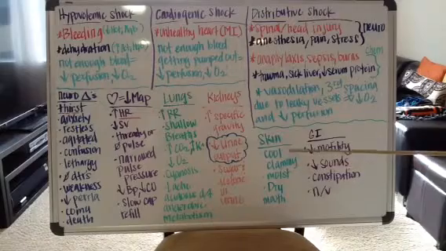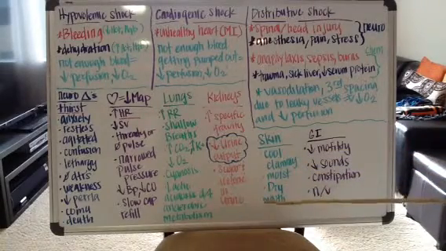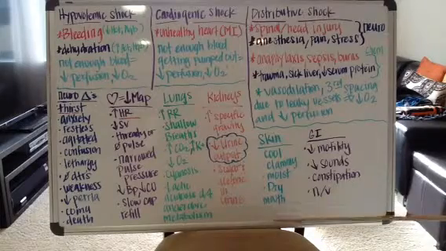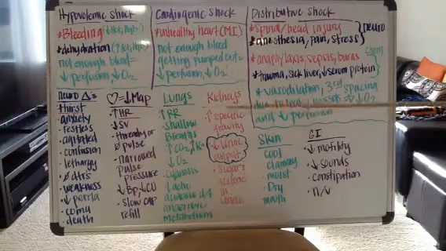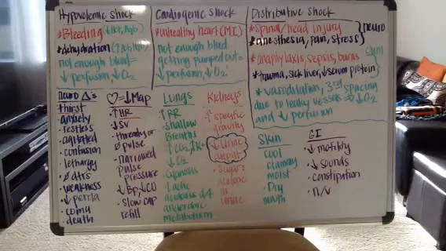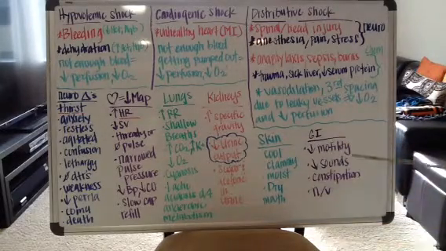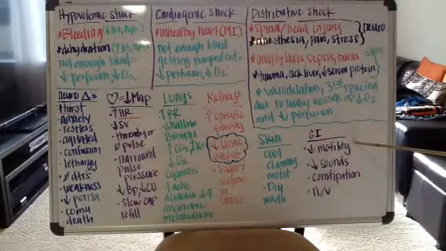And you have that cool, clammy skin because as your body gets less blood and less oxygen, naturally, to compensate, it's going to shunt the blood to the vital organs, right? Your kidneys, your lungs, your liver, your brain, your heart. And the parts that get left behind are the skin and the GI tract. In your gastrointestinal tract, you'll have decreased motility.